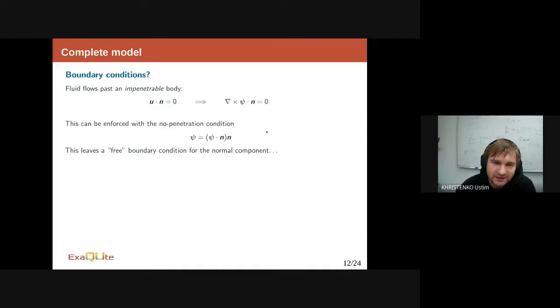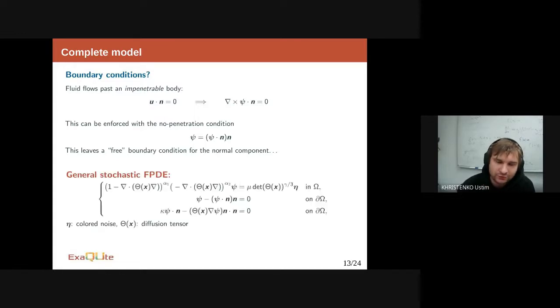But in this case, we still have one, let's say, free boundary condition. If we apply the non-penetration boundary condition, we still have one component which is still free. Here we introduce a Robin type boundary condition for the third component, such that kappa is the free parameter for the model.